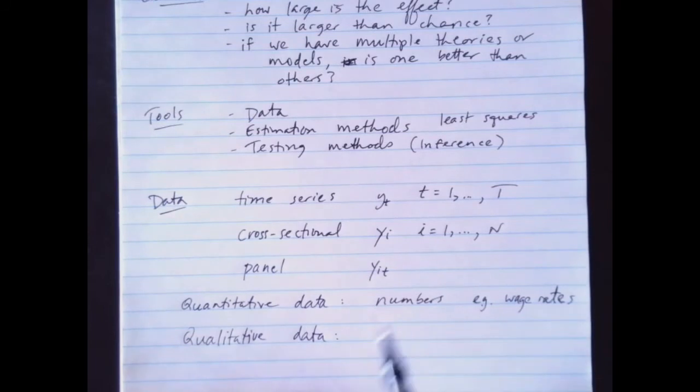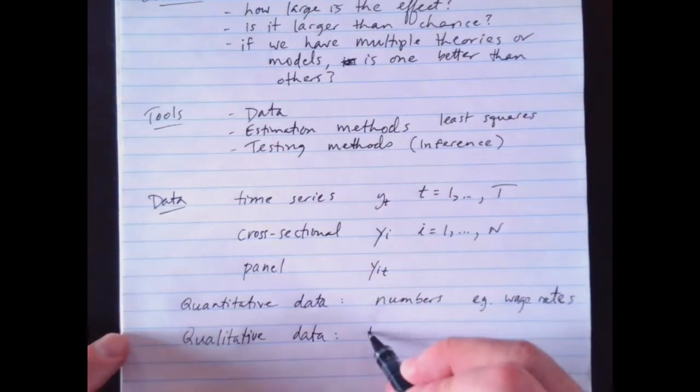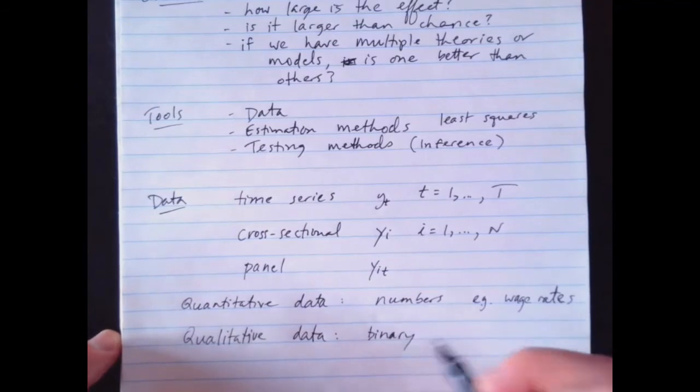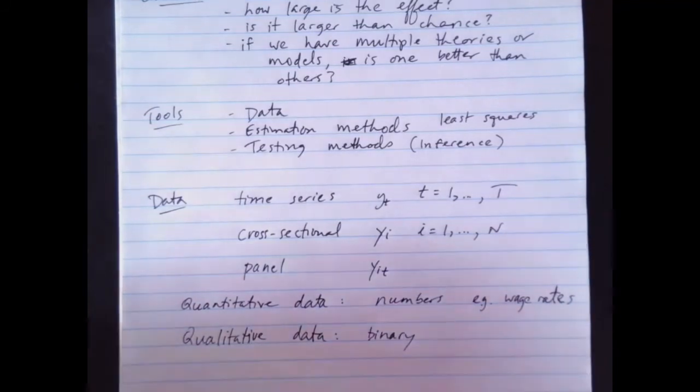Qualitative data refers to the quality. And there we're thinking it's a characteristic that you either have it or you don't. So it's binary in the sense of the characteristic is either there or it's not there.